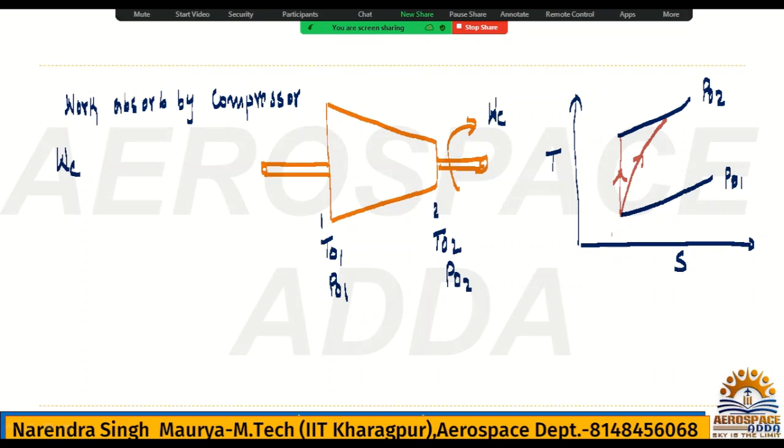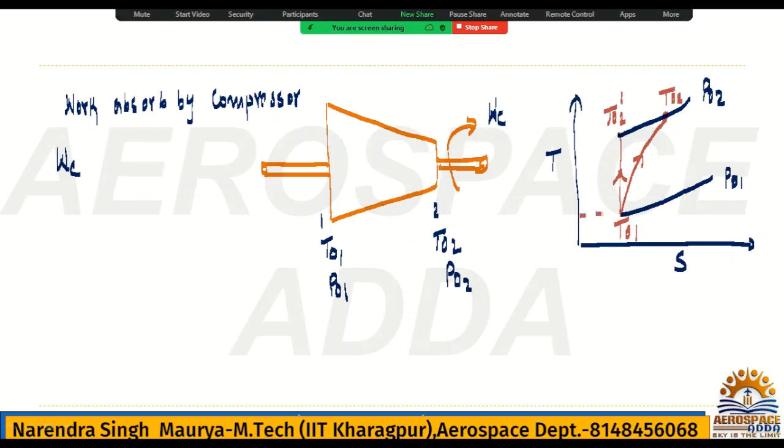Now for the temperature, with respect to this point, this will be the temperature T02 dash. Why is it dash? T02 dash means isentropic temperature rise. T02 means actual temperature rise, and definitely here the temperature will be T01.